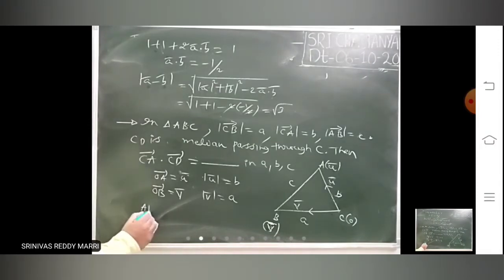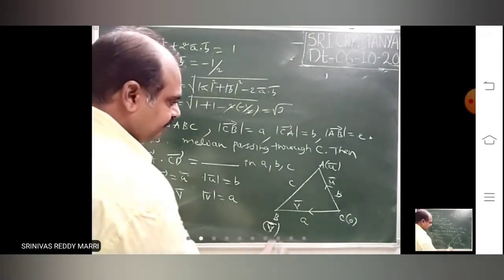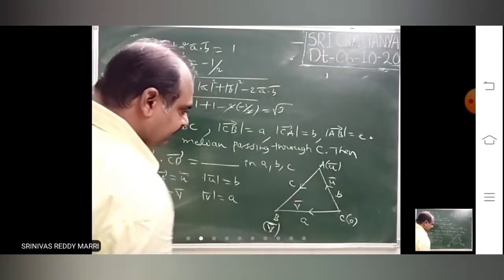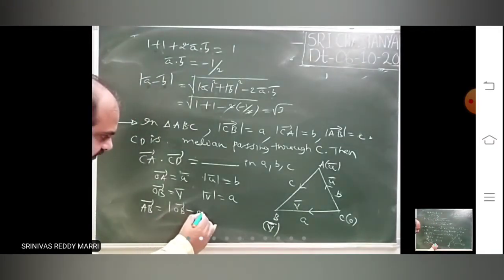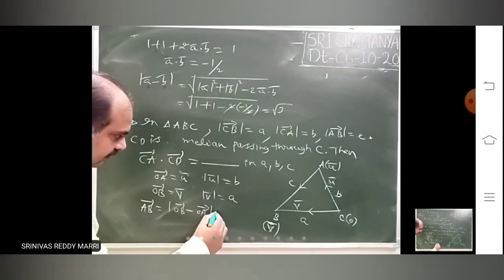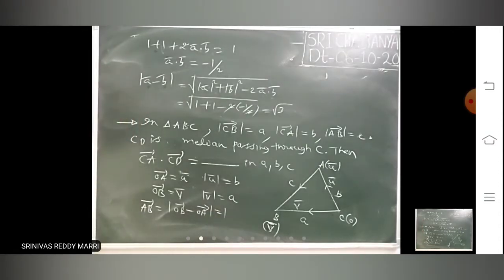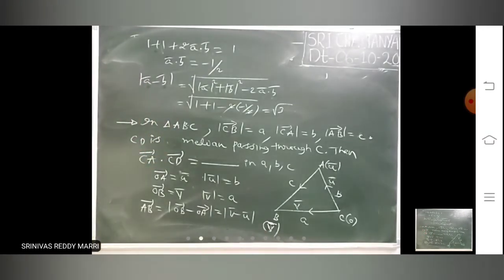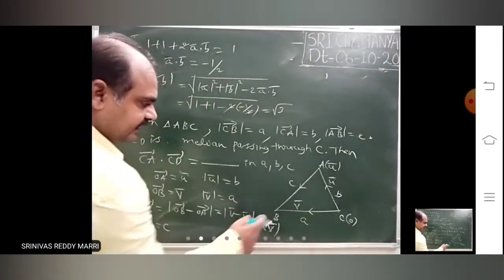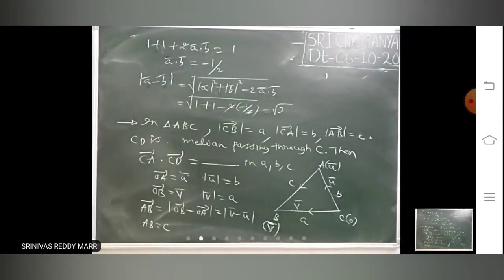Now I am calculating the vector AB bar. AB bar is OB bar minus OA bar, that is V bar minus U bar. But you know that the AB length is given as c. That is nothing but the magnitude of this vector.